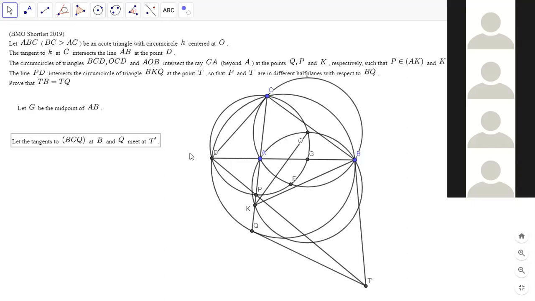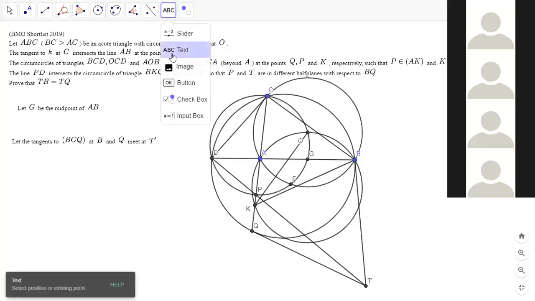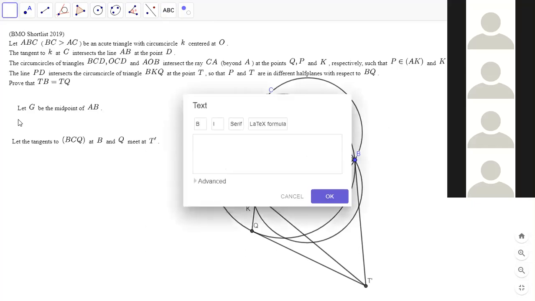Since angle OGD is 90, but how do we know that O and D? Oh, because angle OCD is 90 because it's tangent. Okay. So we have angle OCB equals angle OGD equals 90.